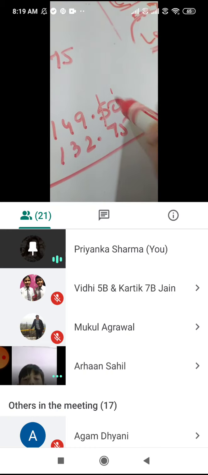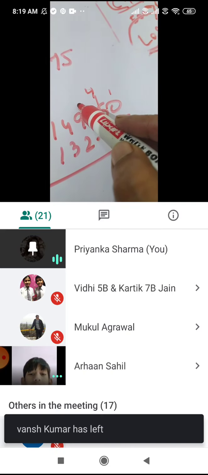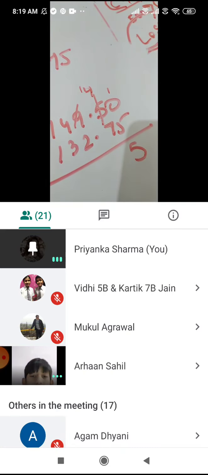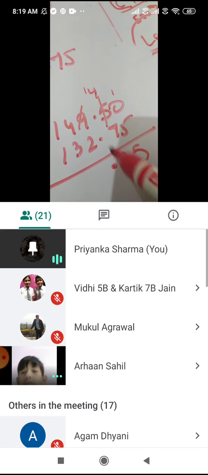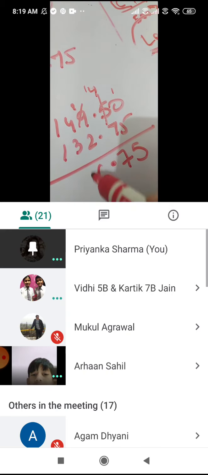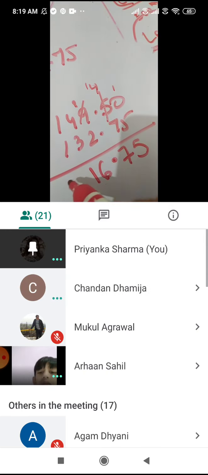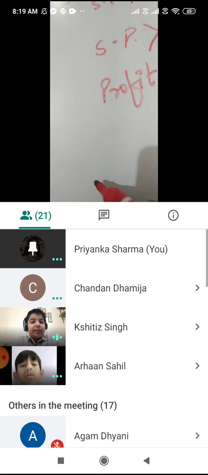We will borrow. 10 minus 5, 5. Here it becomes 4. Again it will not go. We will borrow 14. 14 minus 7 will give us 7. Decimal will come under decimal. Here it has become 8. 8 minus 2, 6. 4 minus 3, 1. And 1 minus 1, nothing. So 16.75.